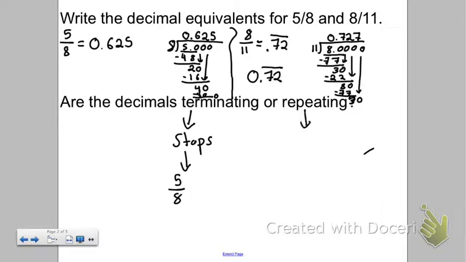Repeating decimal, when it repeats, it has to be the same numbers that repeat. So if I look, 0.72 repeats. It's going to continuously show up 0.72. So my 8 over 11 ends up being a repeating decimal.